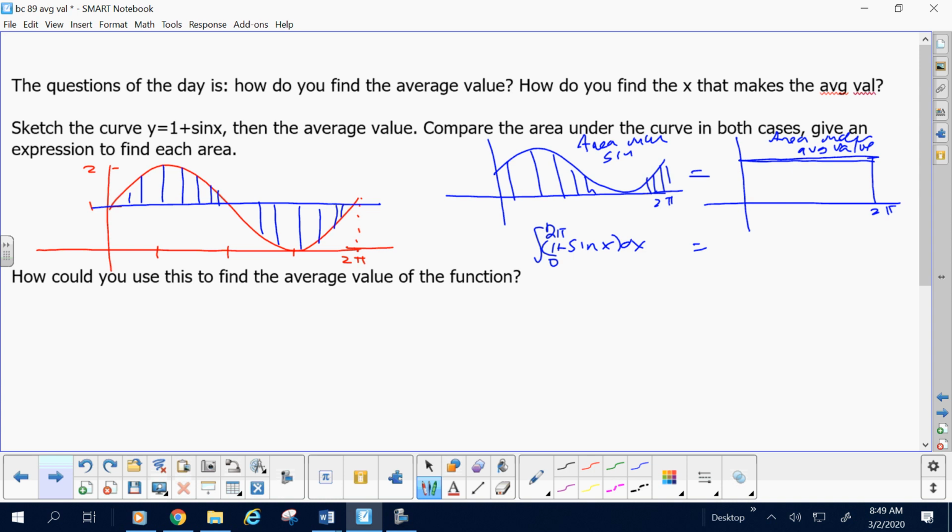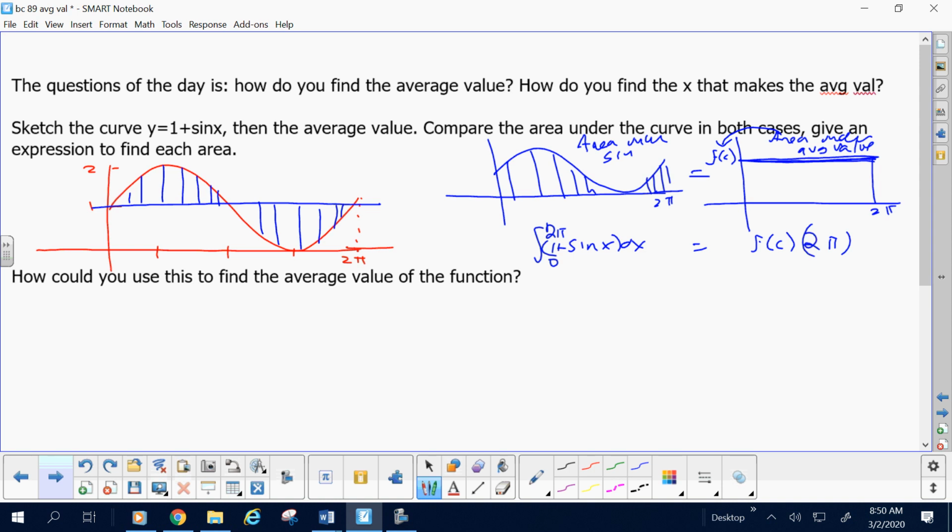Do you agree that our average value we think is f at c, and we think it's 1, but we're going to verify that, all right? So f at c is the average value. Cool? So how do you find the area of that rectangle? F at c times 2 pi for the base.